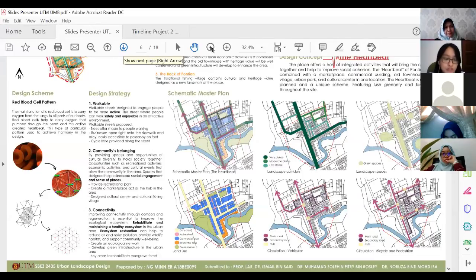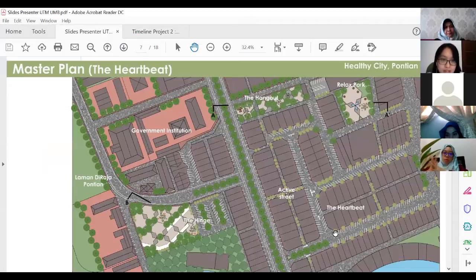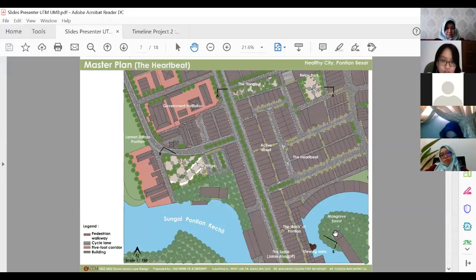For the master plan, the heartbeat will be dominated by lush greenery and streetscaping. For example, the hinge can act as a hub, as a marketplace and large-scale event space for the community, for recreation activities, physical activities, festivals, and events.